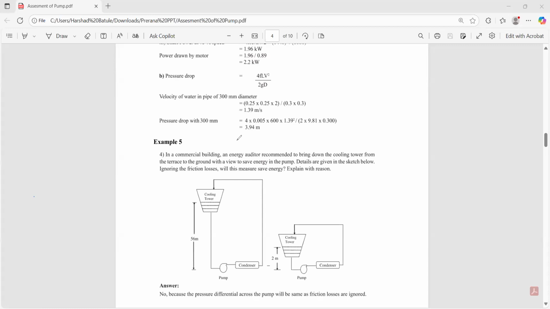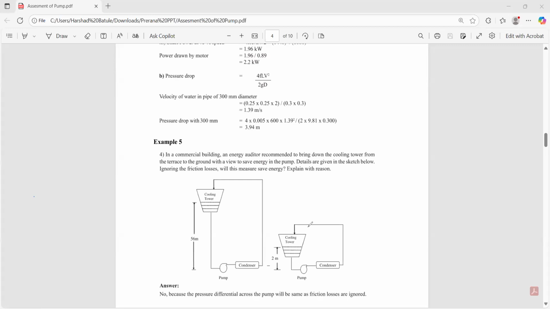So whatever the location, you have to do a similar amount of work. So bringing the cooling tower from the terrace to the ground will not actually save energy if you don't have any frictional losses in the system.